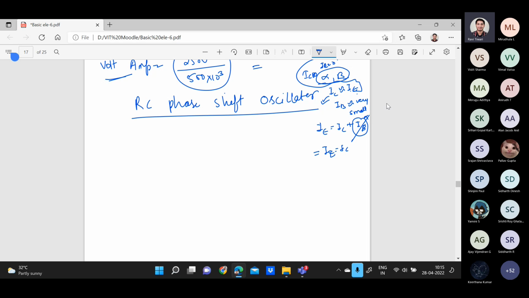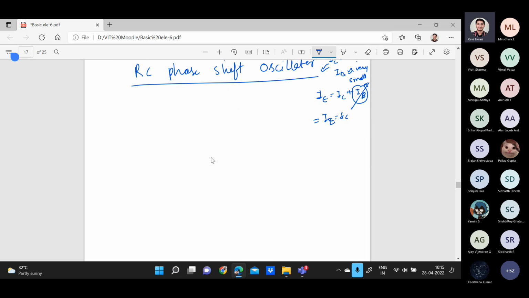Now, for the RC phase shift oscillator, how the design is like, you require one voltage divider biasing circuit. Voltage divider, you've already seen this thing, right? What amplifier I'm taking? Suppose this is R1, this is RC, this is RE, one resistance R2 here.